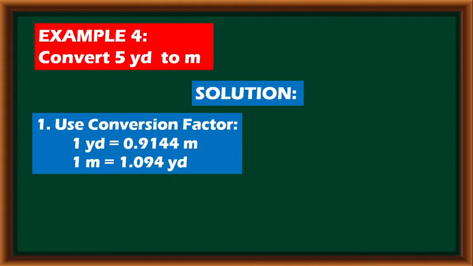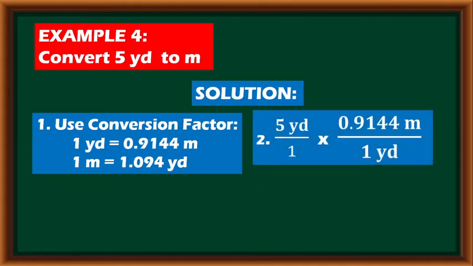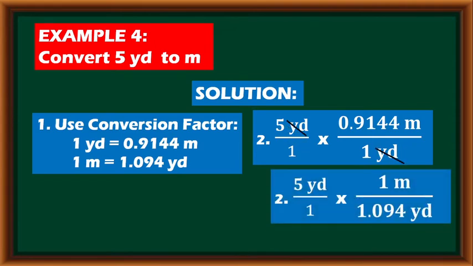And we also have 1 meter is equivalent to 1.094 yards. Okay? So 5 yards over 1 times 0.9144 meters over 1 yard. You cancel out yard. In our next solution, 5 yards over 1 multiplied by 1 meter over 1.094 yards. You cancel out the yard.